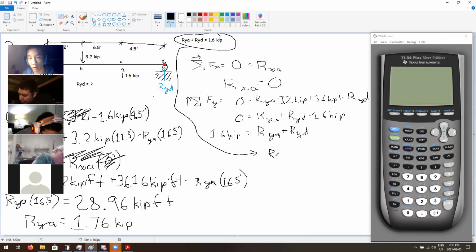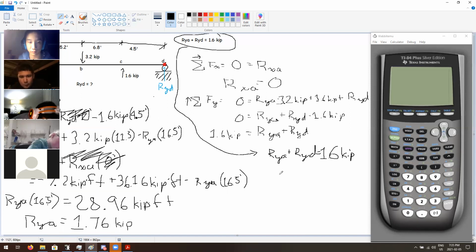Bam. RYA plus RYD is equal to 1.6 kip. Cool, now we plug in RYA. 1.76 kip plus RYD is equal to 1.6 kip.